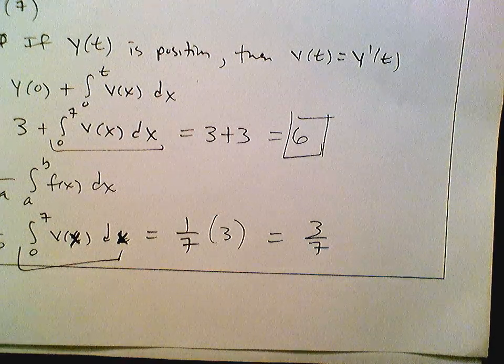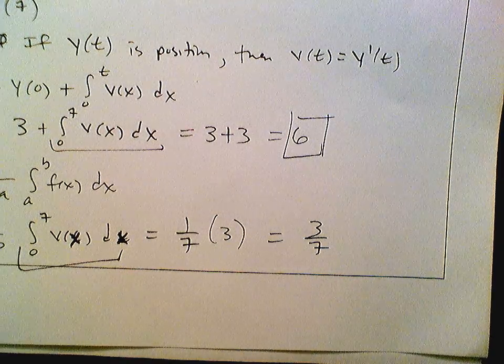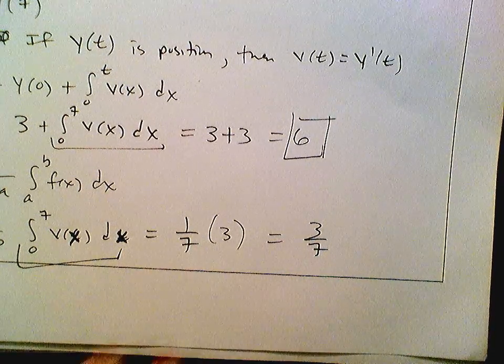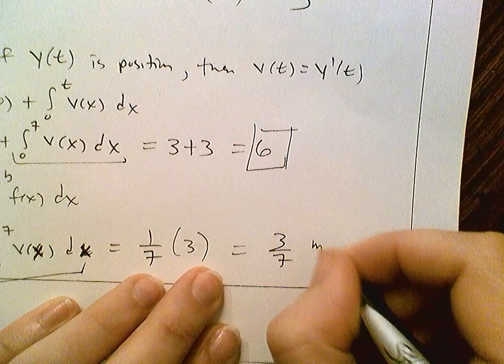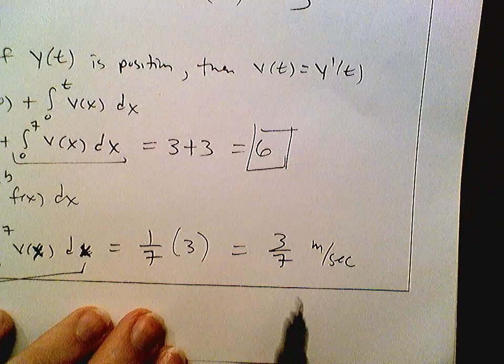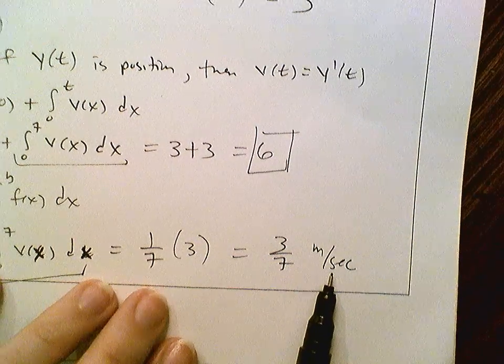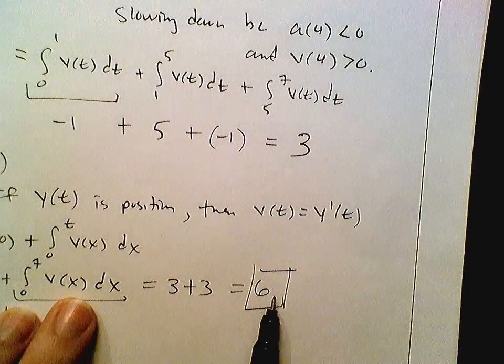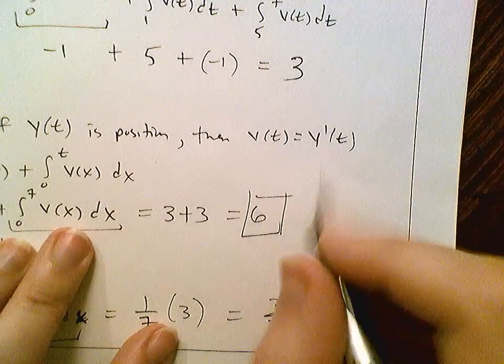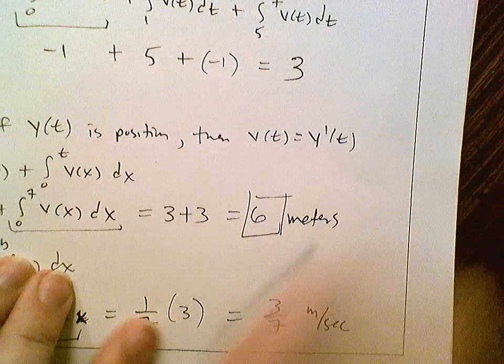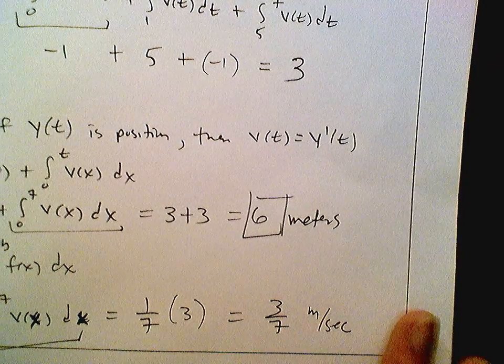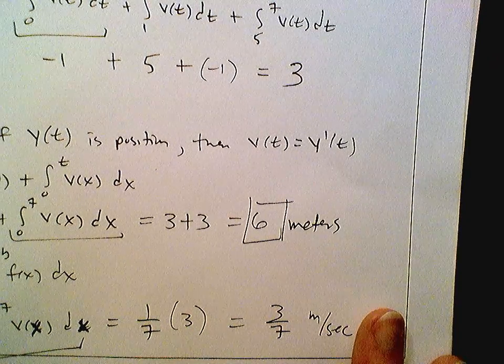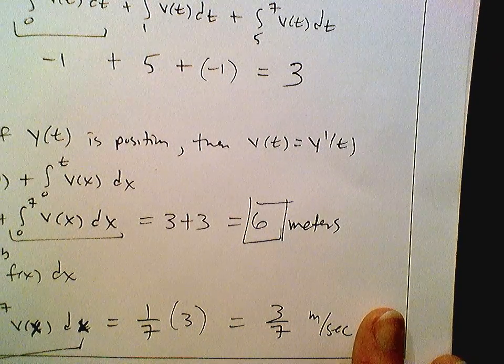Okay, now let me go back through. I need units of measure. What are the units on velocity? Meters per second, because that's the average velocity. Now, this was position, so that should just be meters. Okay, 6 meters, I guess, above the origin.